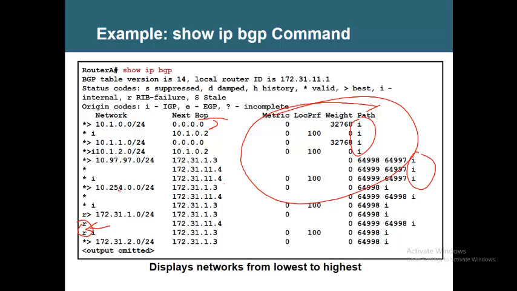Yes, when the administrative distance of the other routing protocol is lower, the routing table will ignore this. For IBGP, what is the administrative distance? 200, very well said.